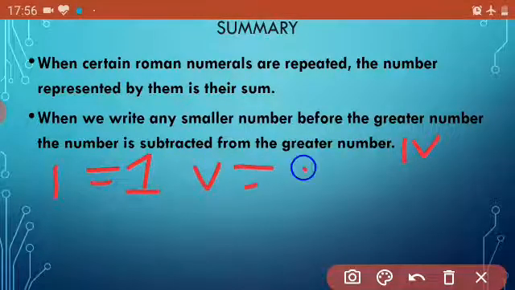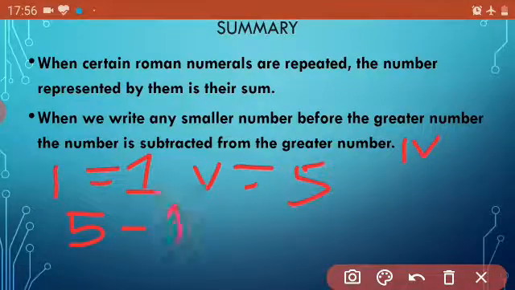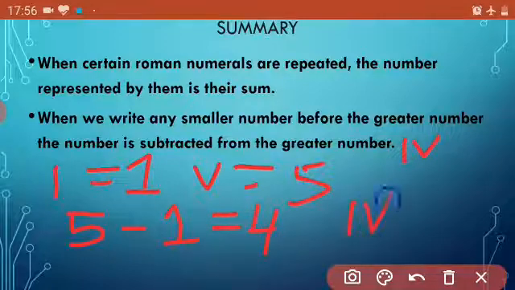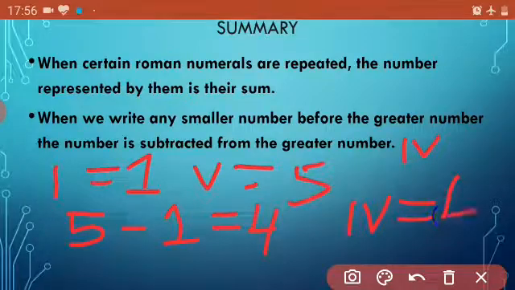V represents 5. According to this rule, 5 minus 1, the smaller number is subtracted from the greater number, equals 4. IV represents 4.